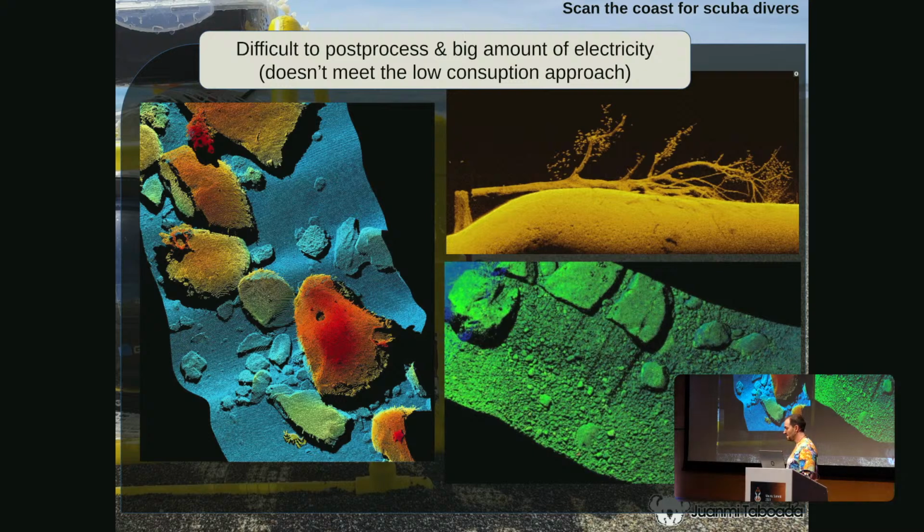It's a cloud of points that then you have to merge, and you don't even have the texture of the sea. So it was very difficult to process, and I needed a big amount of electricity. So it didn't meet one of my approaches, that I wanted something that didn't consume much. So I was trying to work with microcontrollers only. No computers and without putting electricity from outside, only working with batteries.